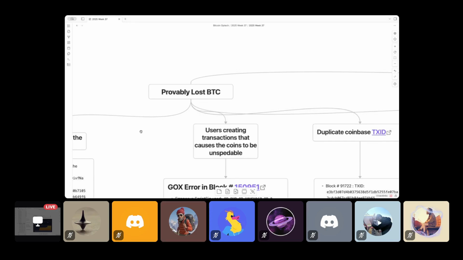So first things first, in order to not speculate and be realistic, we'll have to define what is provably lost BTCs.